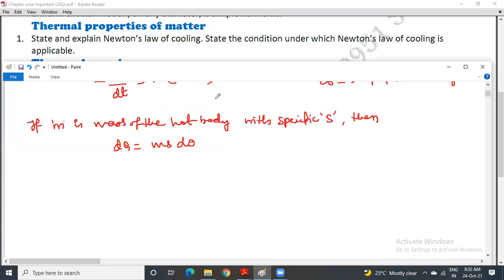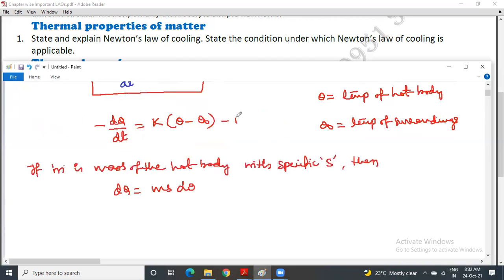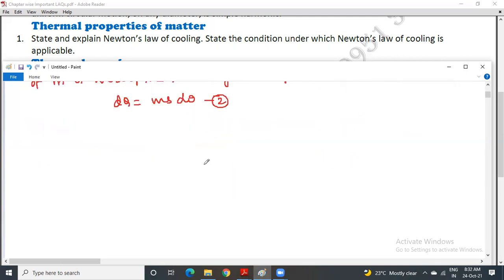You call this equation 1, you call this equation 2. Then substituting 2 in 1, you have minus, in place of dq, write ms d theta by dt is equal to k into theta minus theta naught.